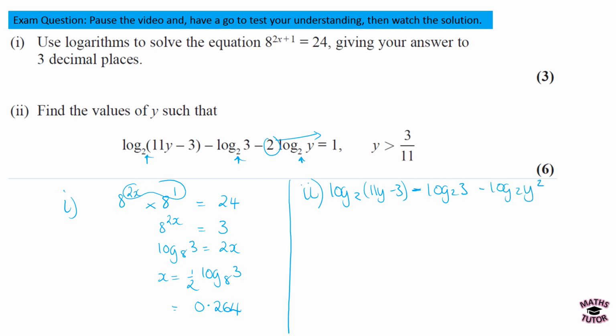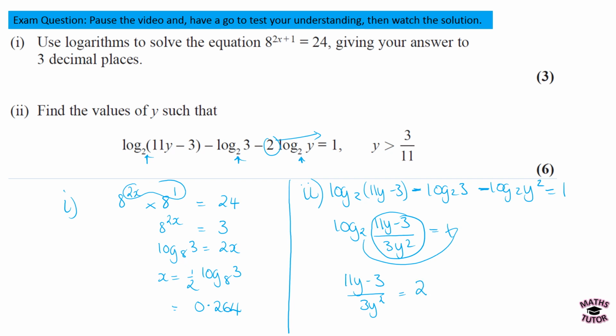Now because these are both take away, you can divide, so it's log to base 2 of 11y minus 3 divided by 3y squared, and that's equal to 1. Equal to 1, and then using that pattern, 2 to the power 1 is equal to all that algebra, so 11y minus 3 over 3y squared is equal to 2 to the 1, which is 2.